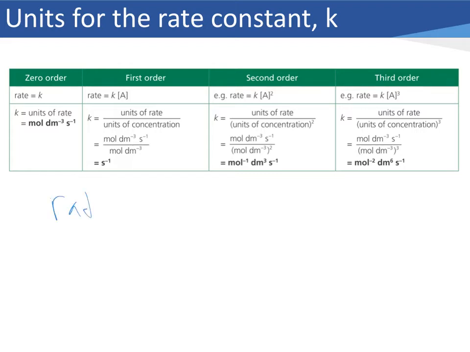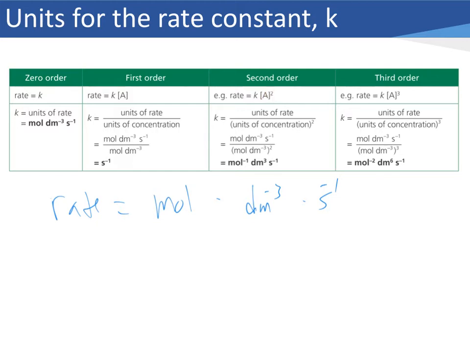So remember that rate is always moles per decimeter cubed per second. So if I have a first order reaction, the units of K must work such that my concentration units and the units for K equal moles per decimeter cubed per second. And this concentration will have moles per decimeter cubed. So that means K must be per second.